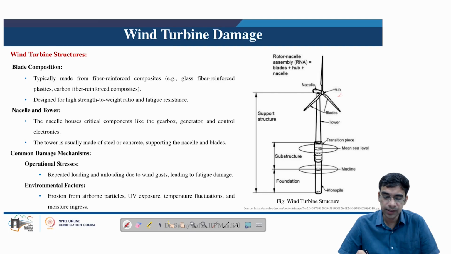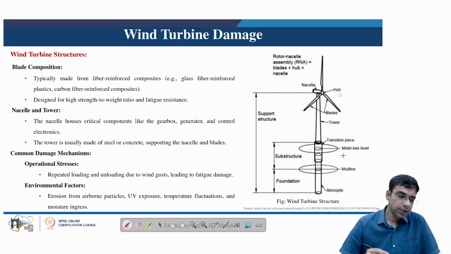Then there is a substructure that is below the mean sea level, and then there is a monopile which is below the mud line. So these various components of the wind turbine experience different sorts of conditions, because of which there may be different types of damage.